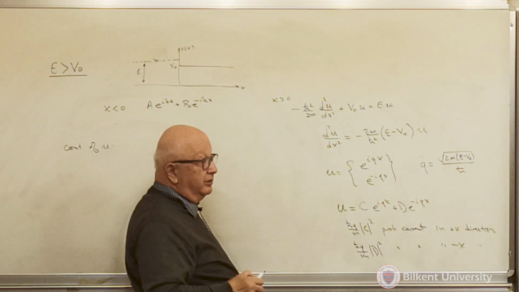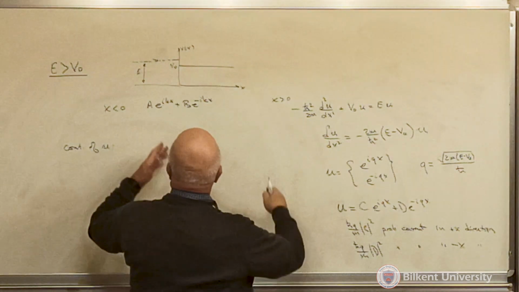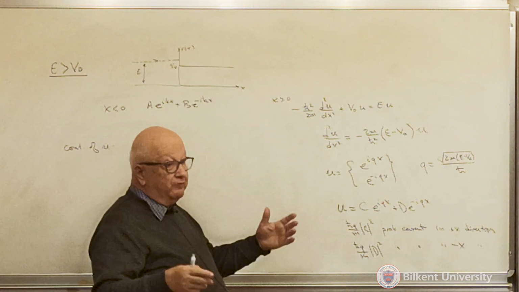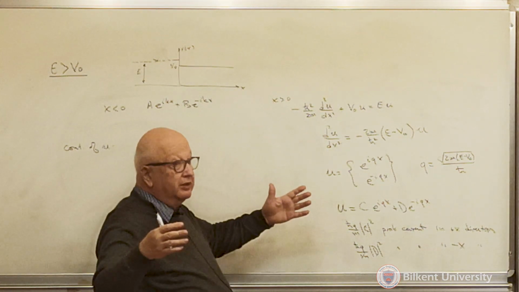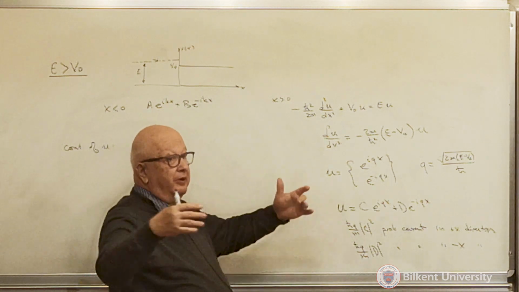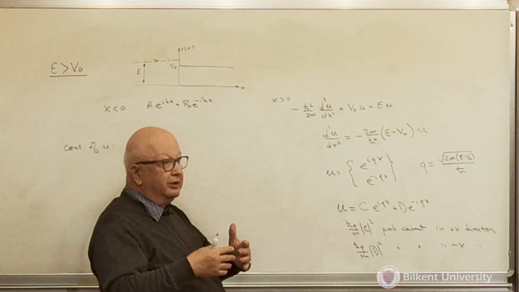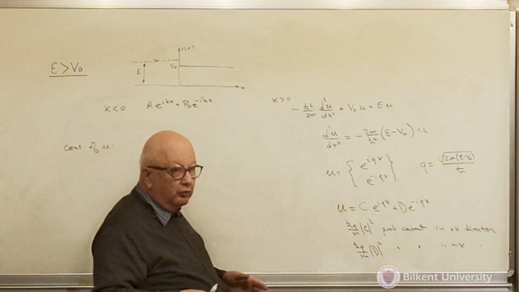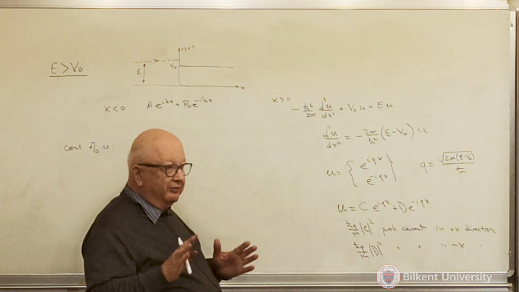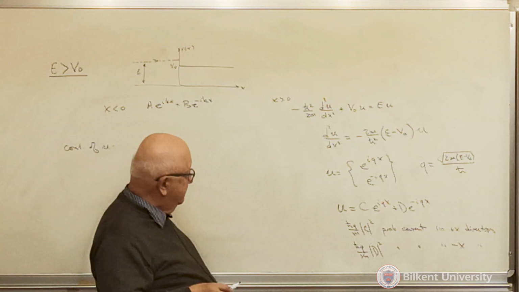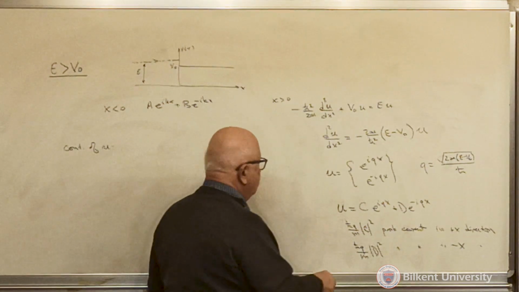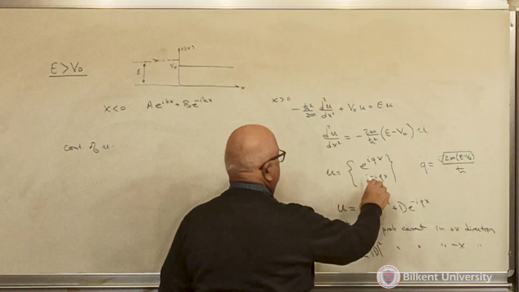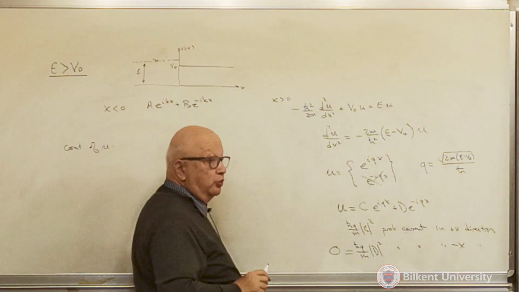It would be a very weird case because it's a single particle case, so it would be the same particle actually coming in from both sides. So it is not impossible in the world of quantum mechanics, but our problem is now much simpler. So we are going to choose D equal to 0 and throw away this solution.